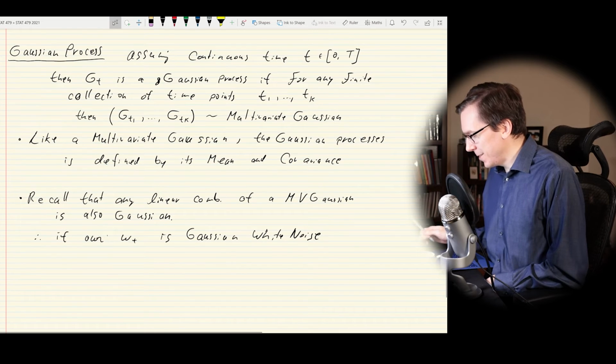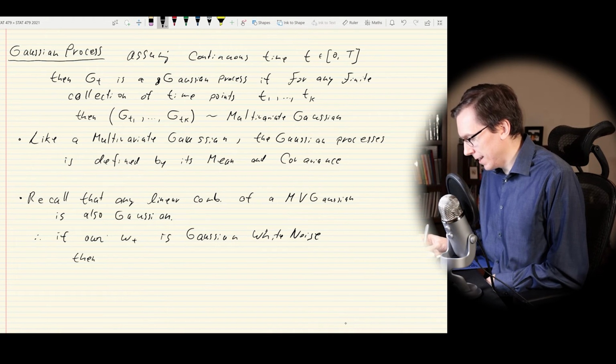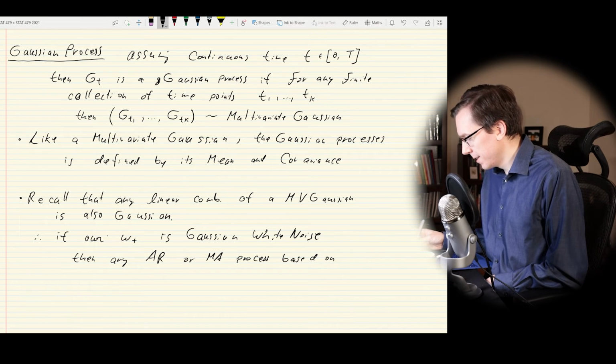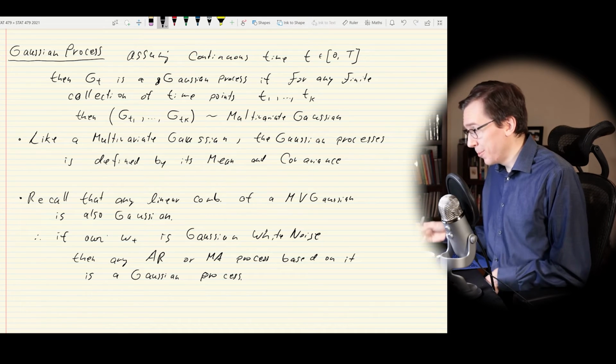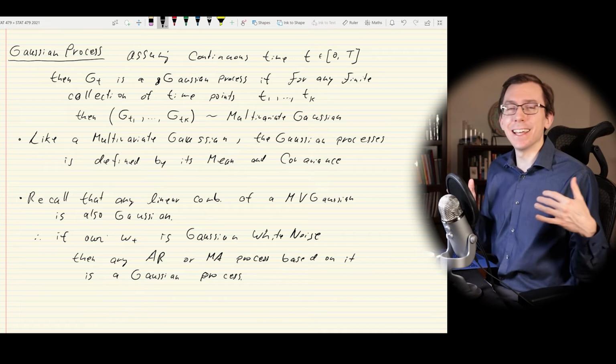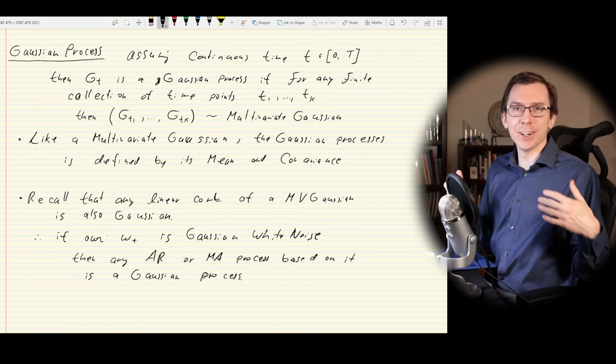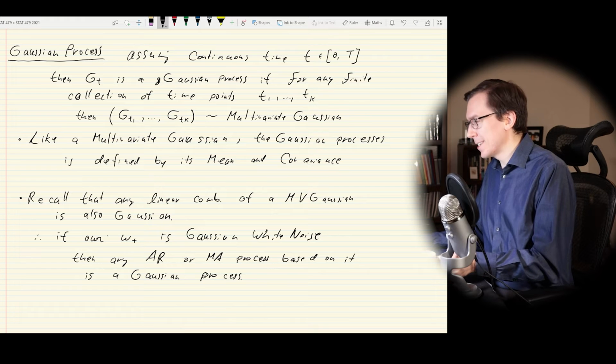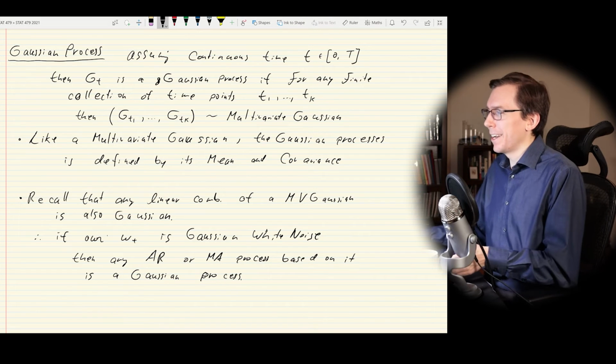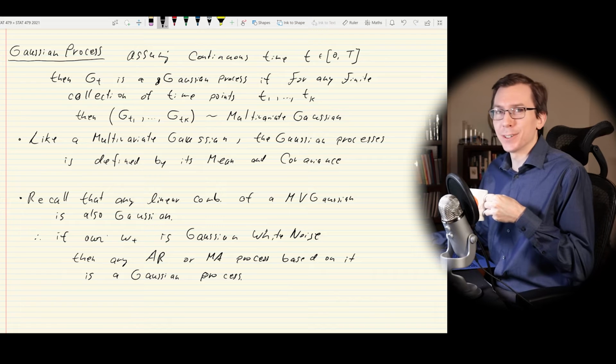So if W_t is Gaussian white noise, then any AR or MA process based on it is a Gaussian process. Which is quite neat, because that means that all we really need to do is understand the mean and the covariances of our Gaussian process, and we can understand the entire thing in some mathematical, statistical sense.